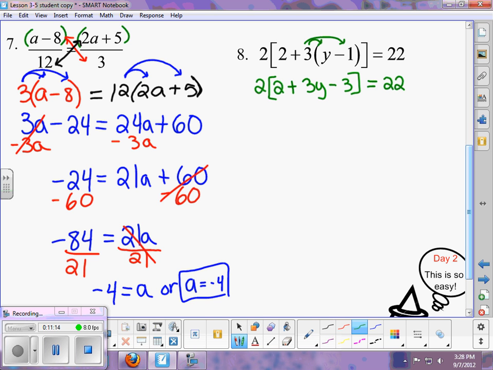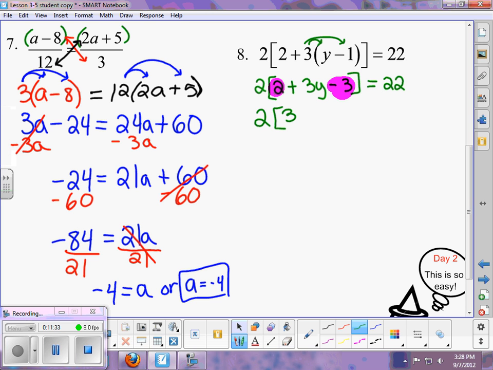Now, inside those brackets, we have some like terms. Our like terms inside those brackets are 2 and minus 3. So let's combine those like terms.